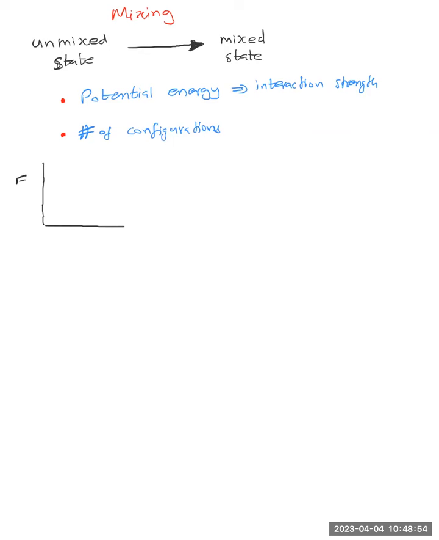Let's have our potential energy on the y-axis and the number of configurations on the x-axis. Now, say that our mixed state has a lower potential energy and a higher number of configurations than the unmixed state. If we have a situation like this, we see that the mixed state is favored by the potential energy.